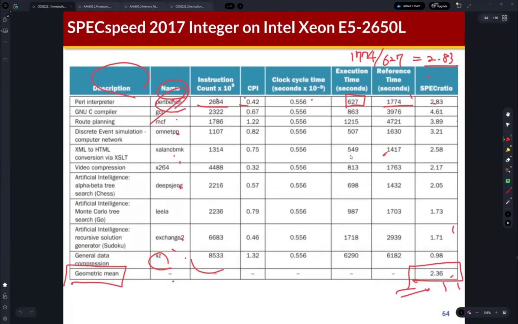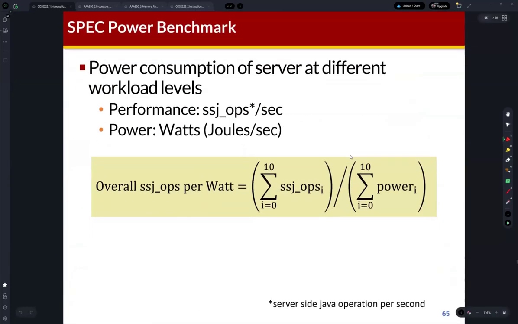So we learned about the SPEC benchmarks, right? SPEC includes different types of benchmarks. We can use a benchmark for measuring power consumption of a computer system. This benchmark is called SPEC Power.